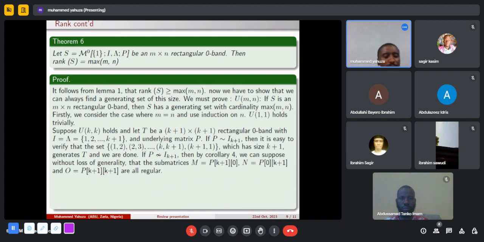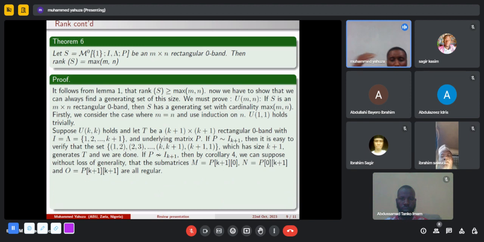Now, if P is not equivalent to this identity matrix, then by corollary 4, we can suppose without loss of generality that the submatrices M equals P of k plus 1, 0, N equals P of 0, k plus 1, and O equals P of k plus 1, k plus 1 are all regular.